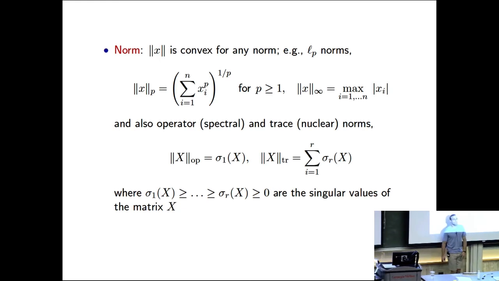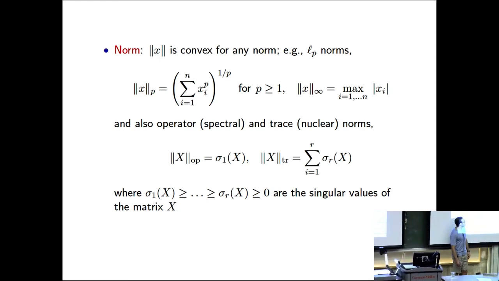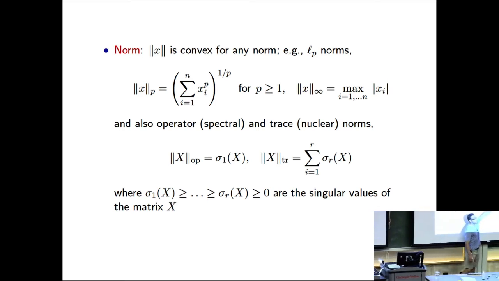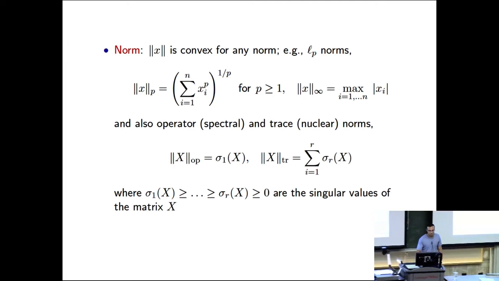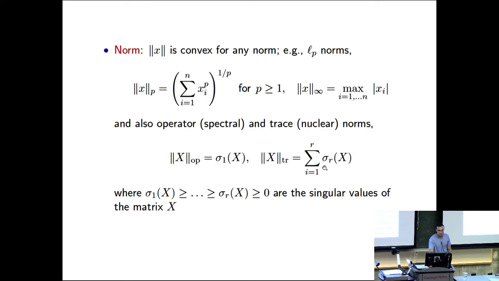There are other names you might hear in the literature. Sometimes this is called the nuclear norm. Sometimes this is called the 2 norm for matrices. But we're going to call them the operator and the trace norm. And they are both norms, therefore they are both convex. Biggest singular value, sum of singular values.